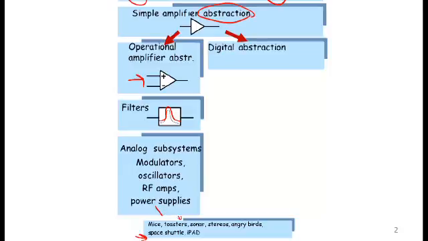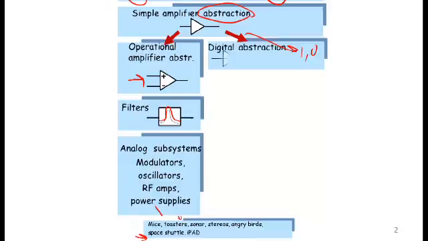Now we can take a second direction that is along the lines of the digital abstraction. In this world, we will make a different set of assumptions. And you will see that rather than look at a continuous set of analog values, we will simply look at dividing up all values into two discrete quantities, 1 and 0. And by doing so, we will build up what we call the digital abstraction.